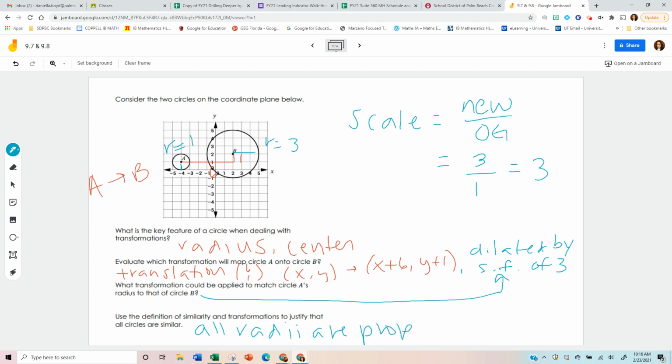You'll always be able to find a proportion because it is the only dimension that you're working with. So all circles, no matter what the sizes, are going to be similar to each other because they all have the same number of degrees, which is 360 degrees, because that was another thing that you have to do in similarity. The angles have to be equal to each other. Okay, so hopefully that helps you think about the circles.